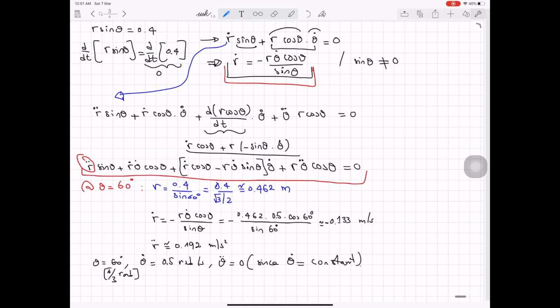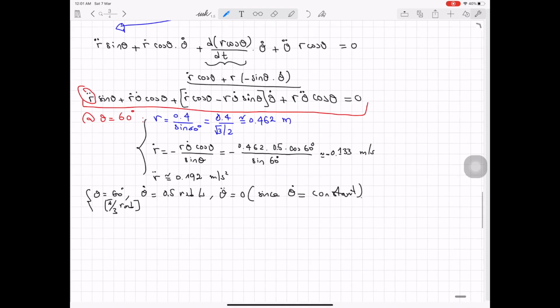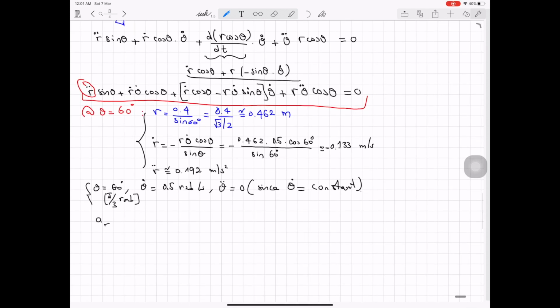Now using this information, we can calculate A R and A theta. We know A R is r double dot minus r theta dot squared. So this gives me 0.192 minus r, which is 0.462, multiplied by 0.5 squared.